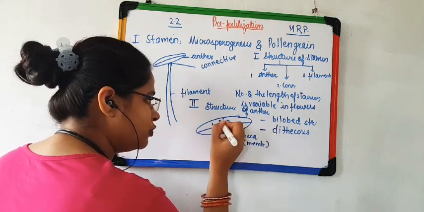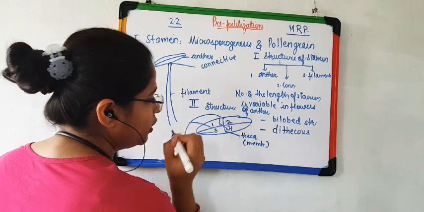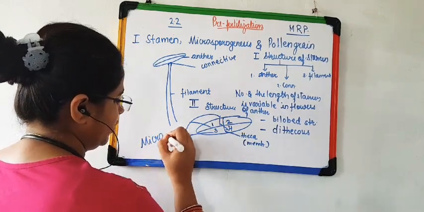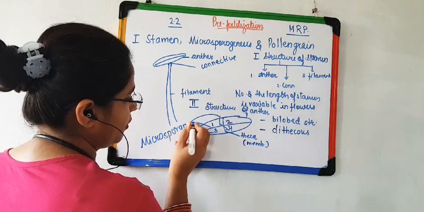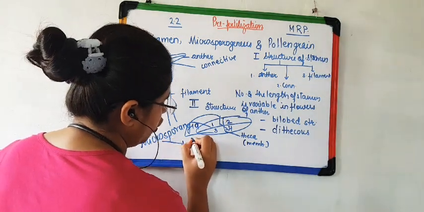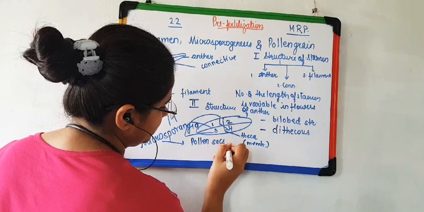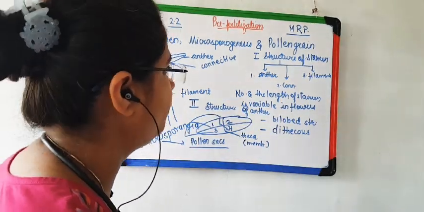These 4 chambers inside the anther are known as microsporangia. And when the anther develops, we call them pollen sacs. Do you understand what I said just now?